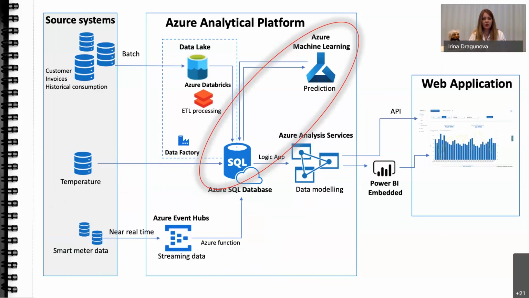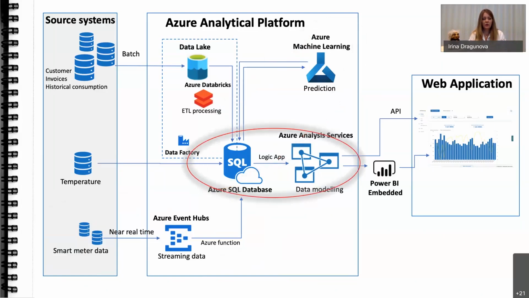So, our model is called the Cube, and it is in Azure Analysis Services. A cube is a multidimensional structure that contains all the data. It's a single place where all application-related data is stored.